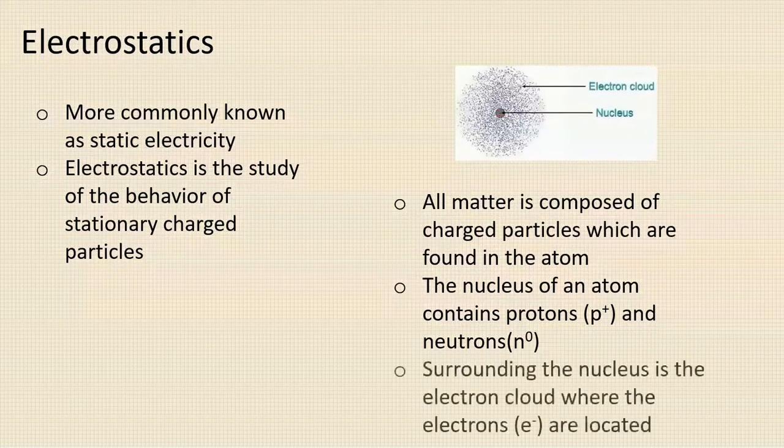Surrounding the nucleus is what we call the electron cloud. That's where we know that the electrons are located. The electrons are negatively charged. And so this is our basic underlying structure of everything in nature, and our electric charges, our positives and negatives, actually come from the atom itself, the protons and the electrons.